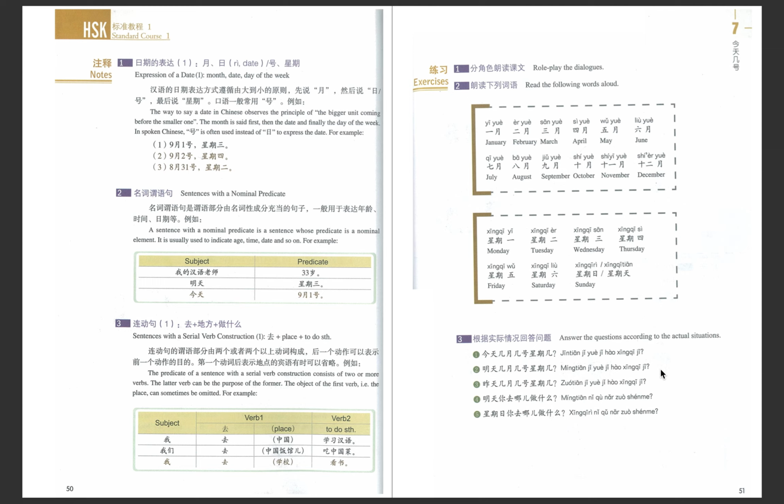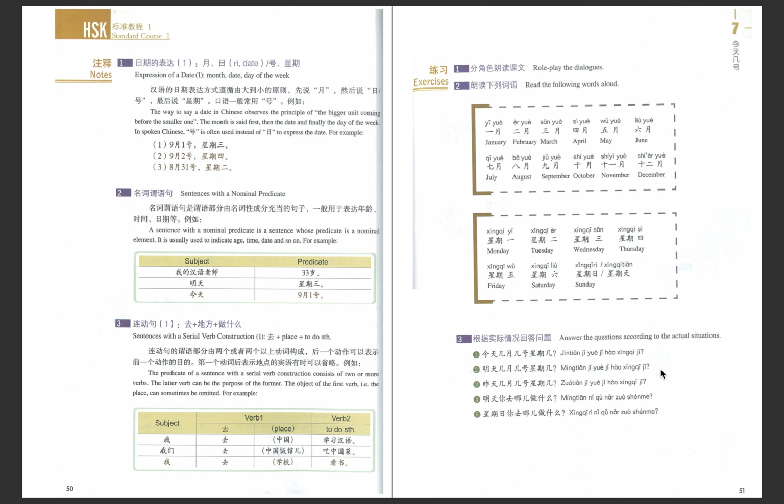Number two, 明天几月几号星期几? The difference is only the adverb we put at the beginning. Here, 明天 tomorrow. So we are asking about what day it is tomorrow and the date and the month.